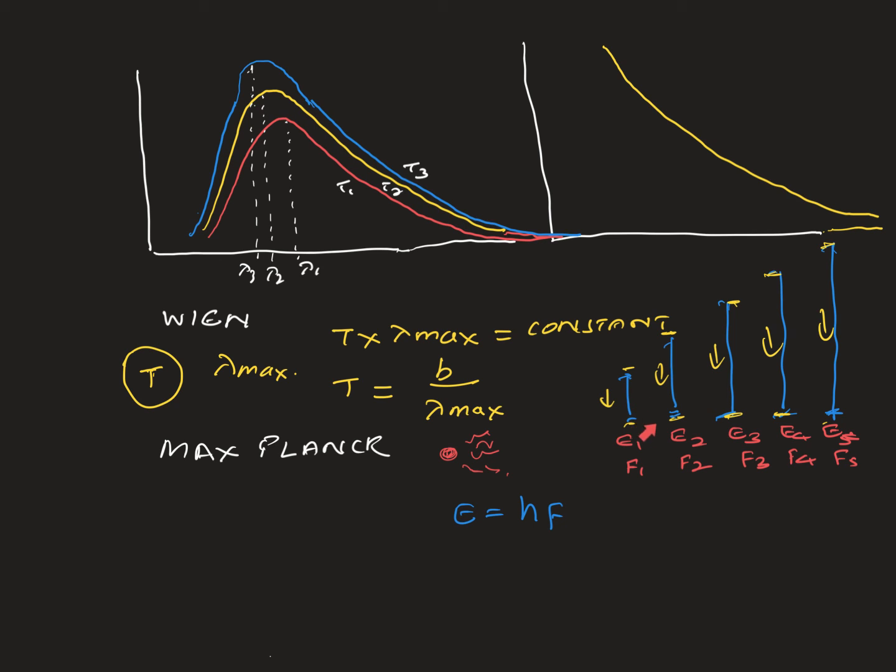So if they're highly probable, why is it that at this stage we don't have that much intensity compared to this one? Because although the separation distance between the energy levels here is low compared to the other ones, the amount of energy or the intensity emitted is low.